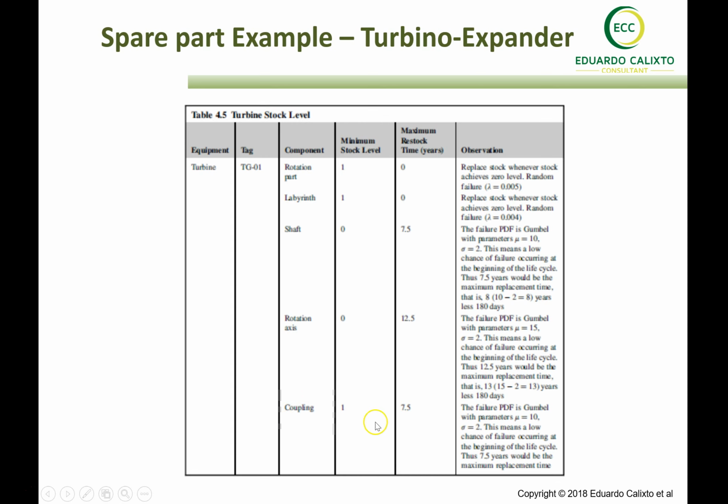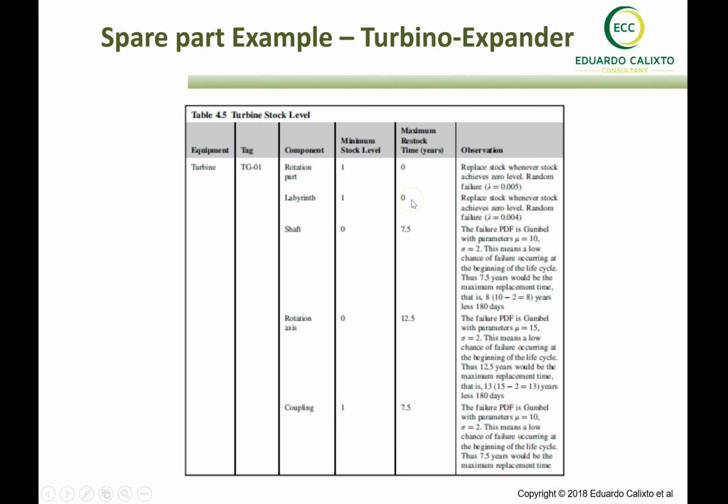They agree that if everything works well, they do not expect failures of the coupling in the beginning, but as a critical equipment, you have at least one spare part in stock. Because of that, they put one spare part in stock to be sure that they will run. If something happens between 0 time and 8 years, they will already have one spare part in stock.